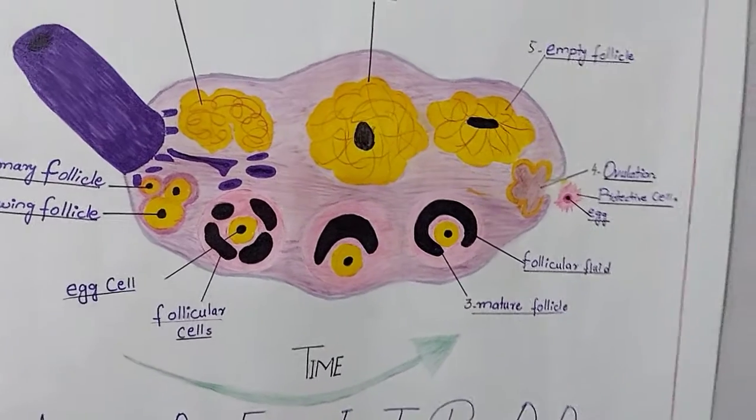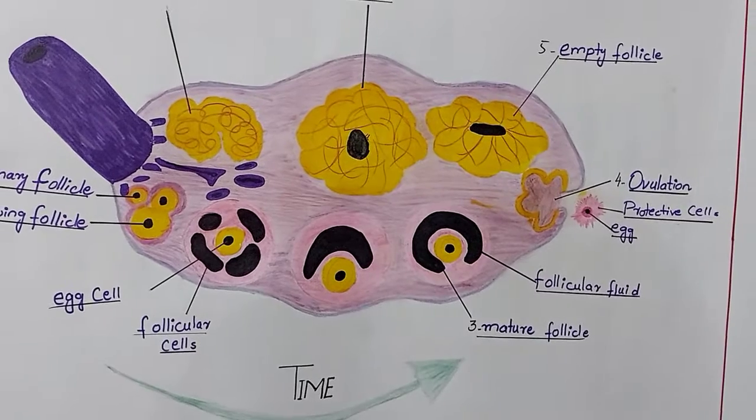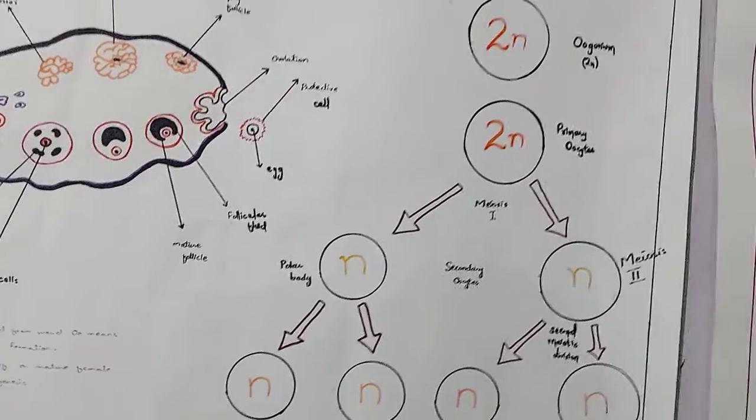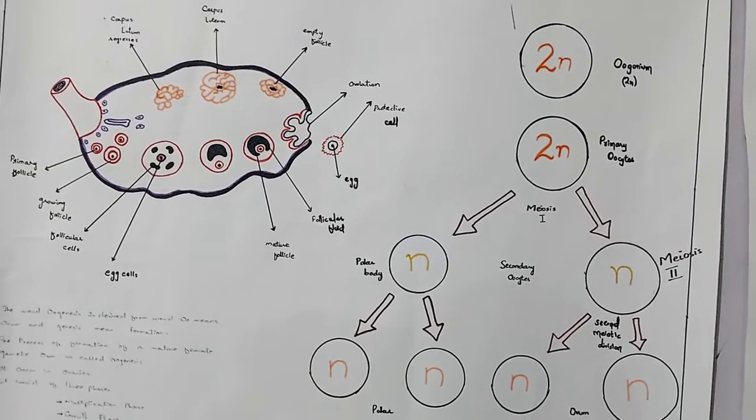So how is this egg synthesized in the ovaries? I will show you in the next sketch. You can see this is the mechanism of oogenesis.